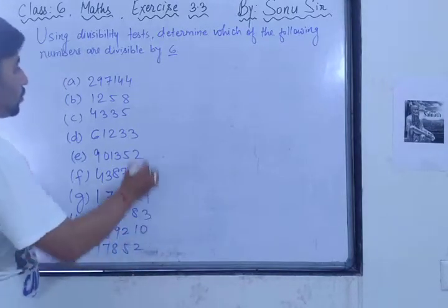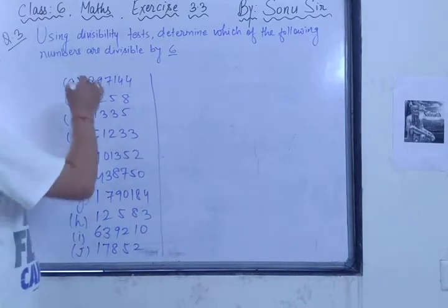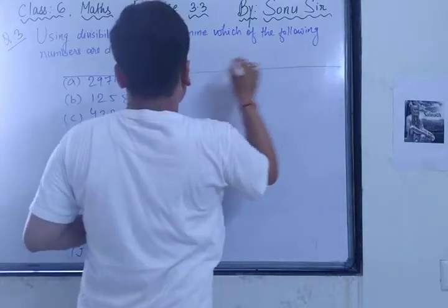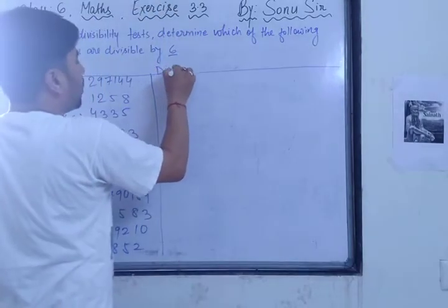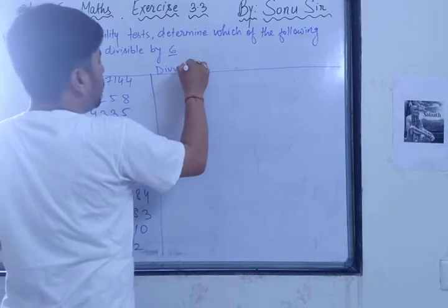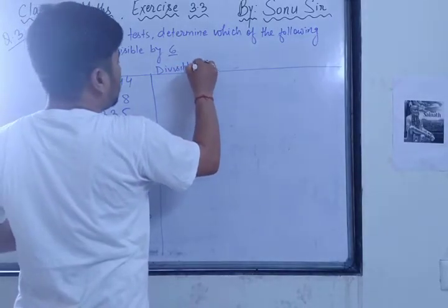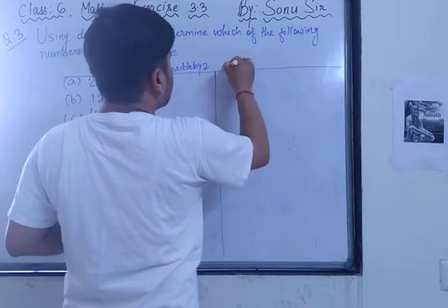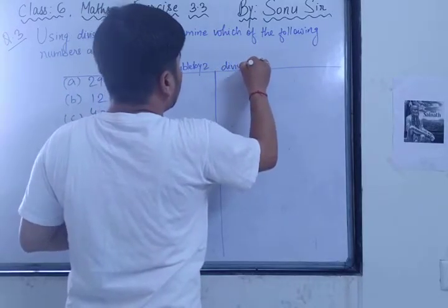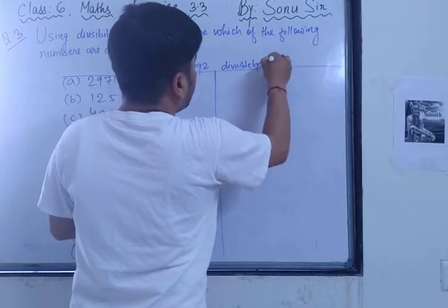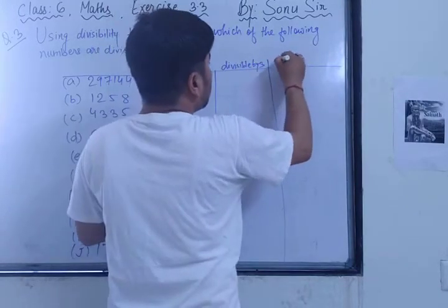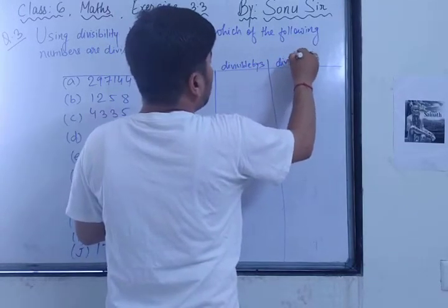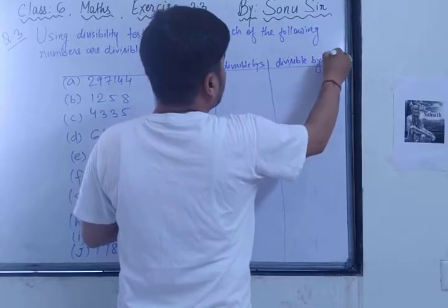So first of all, we should check whether all these numbers are divisible by 2 or not. Then divisible by 3. And finally divisible by 6.